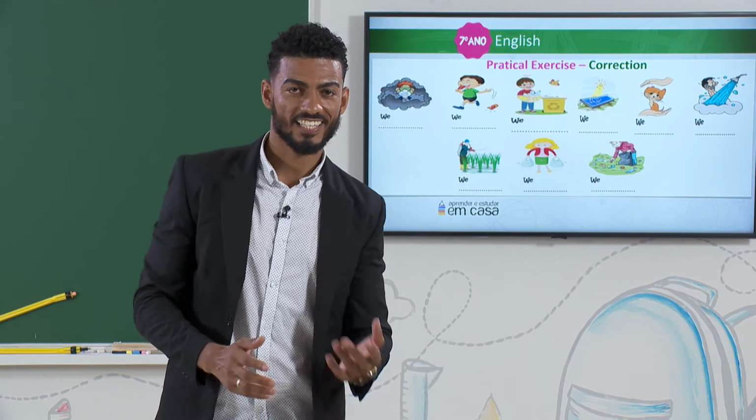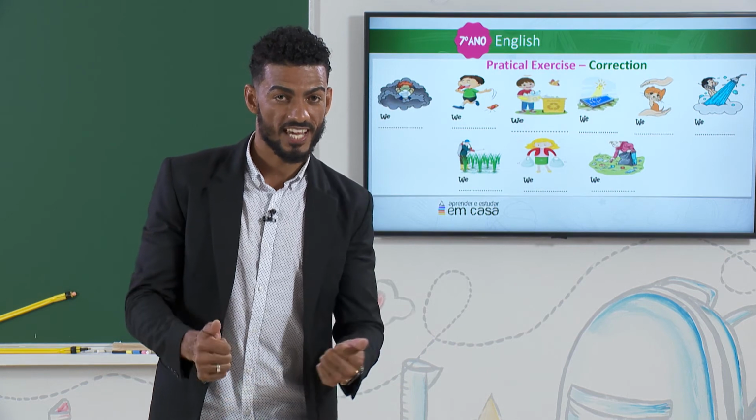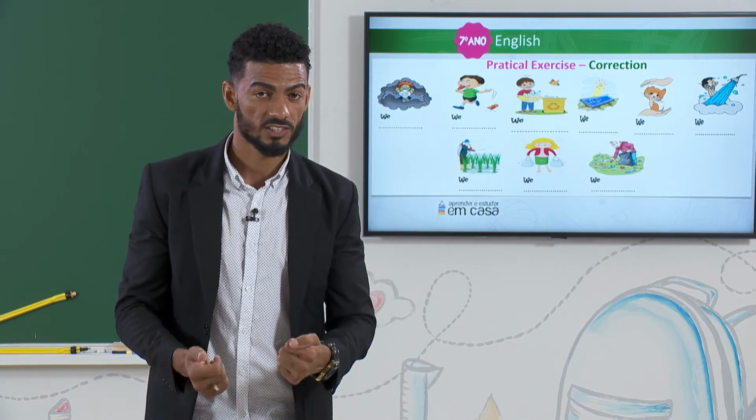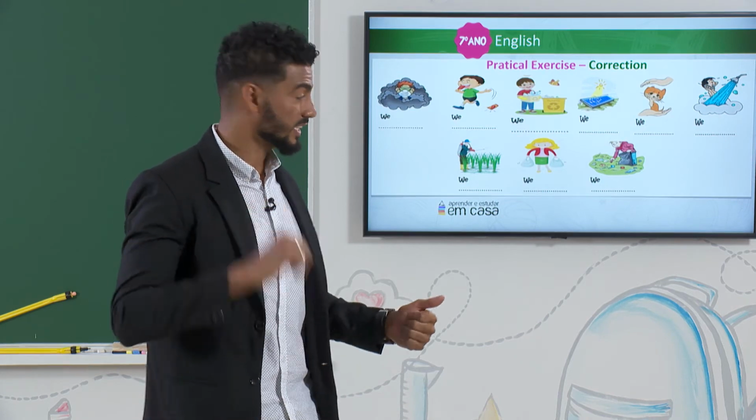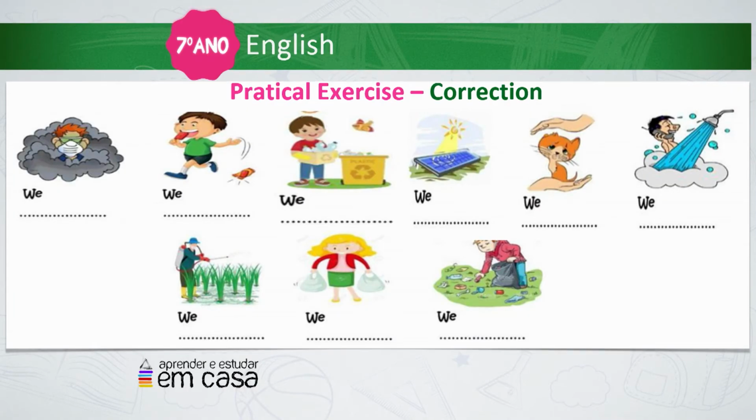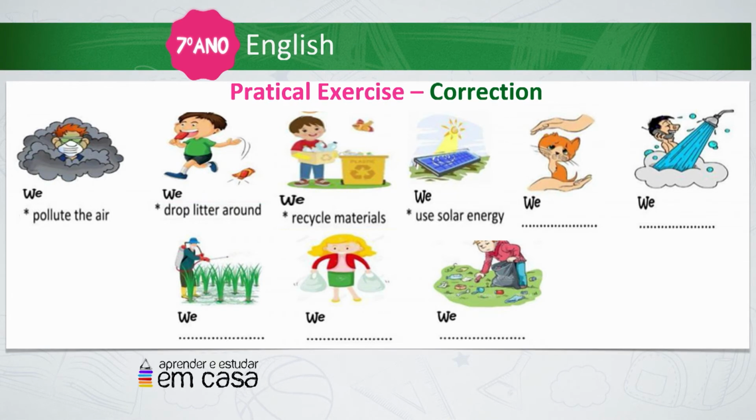So I'm back again. Are you here? Great, fine. Have you done? Cool. So let's go and do it together. Shall we go? Okay, cool. Number 1, pollute the air. Number 2, drop litter around. Number 3, recycle materials. Number 4, using solar energy.